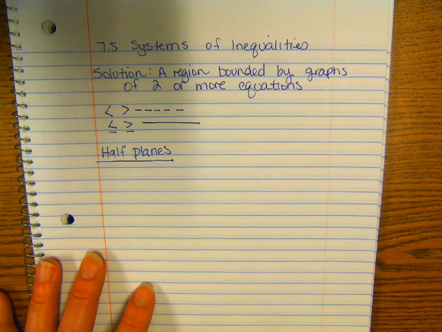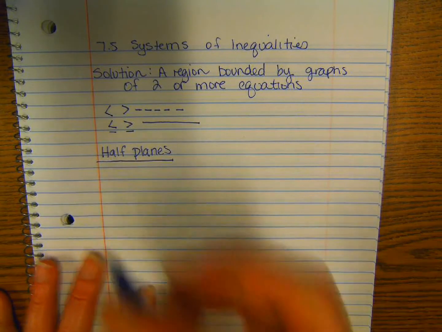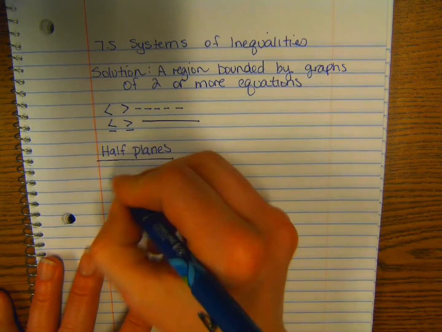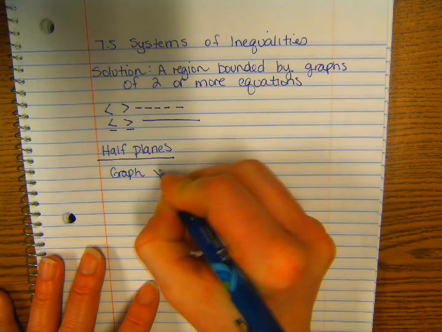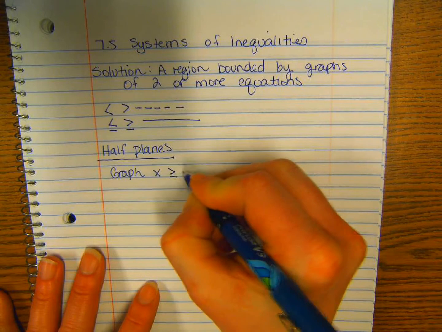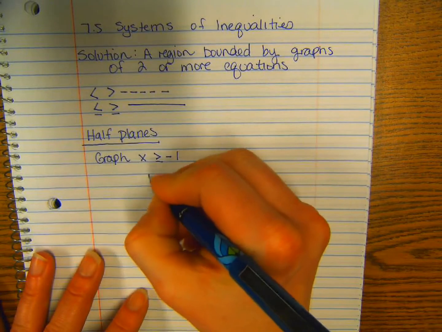So half planes are basically going to be things that are cut in half just by one line. So you might see vertical lines. So I'm going to just show you the graph of x is greater than or equal to -1. And we're not going to use our graph paper to do this.